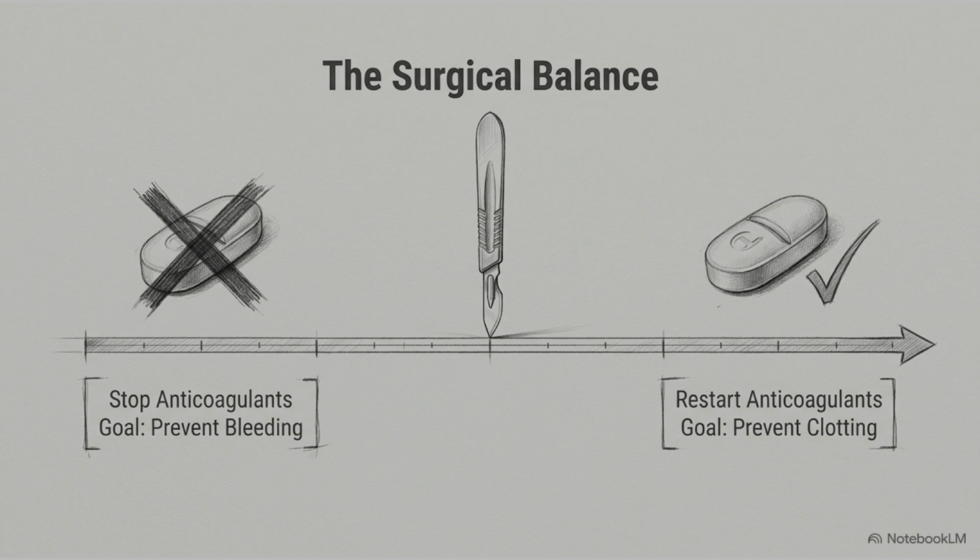In order to understand when to stop the anticoagulant so that the blood becomes thick enough for the surgeon or the endoscopist to do the procedure safely, how do you decide that?